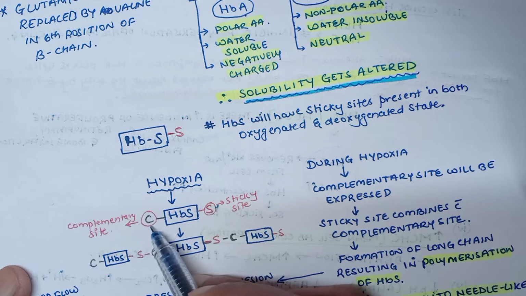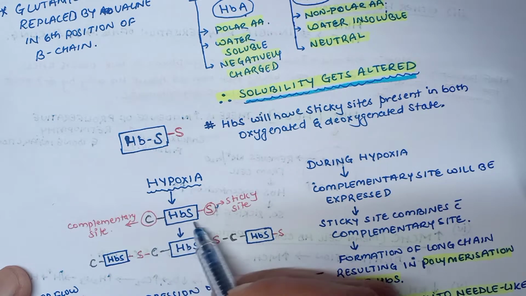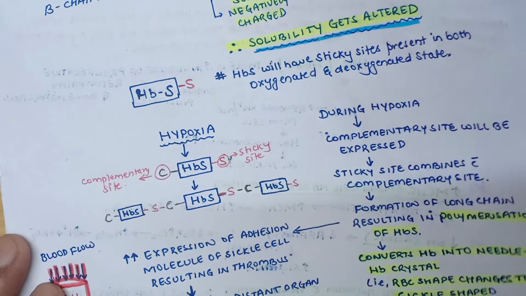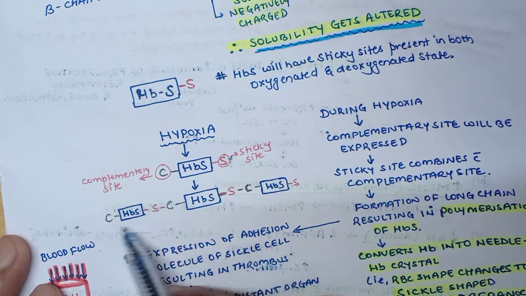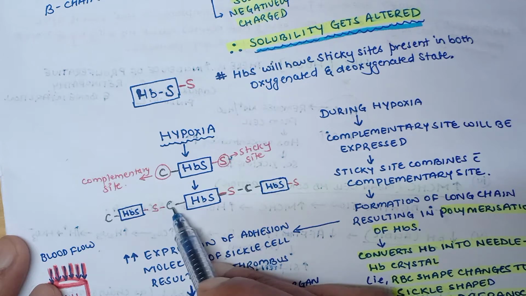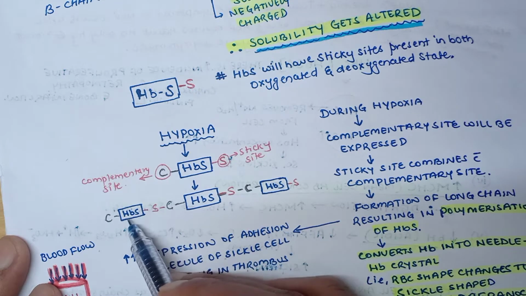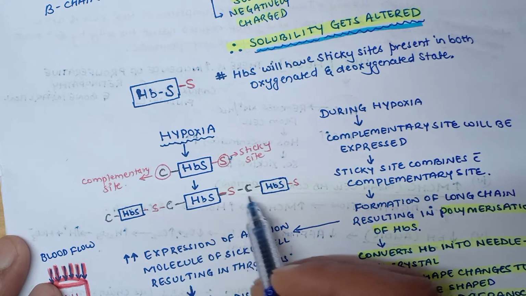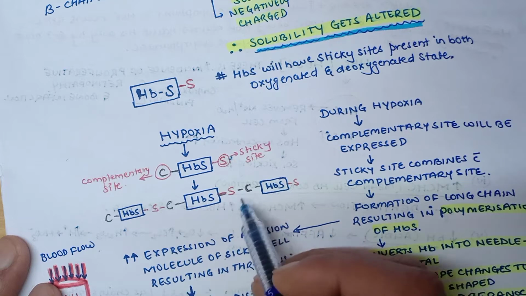When there is lack of oxygen, this complementary site is expressed on HbS and binds to the sticky site of another HbS. They will form a long chain, resulting in polymerization of HbS.